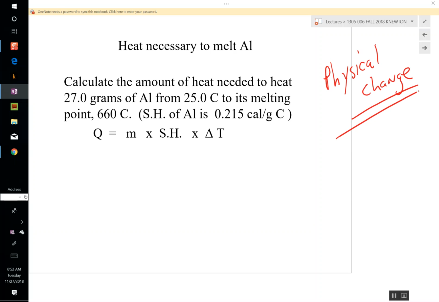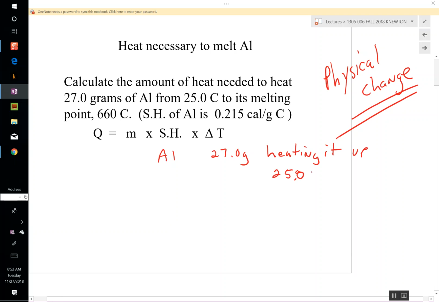We're taking 27 grams of aluminum and heating it from 25 degrees C to 660 degrees C. I picked this temperature because that's the melting point of aluminum. So this is how much heat it takes to melt 27 grams of aluminum.